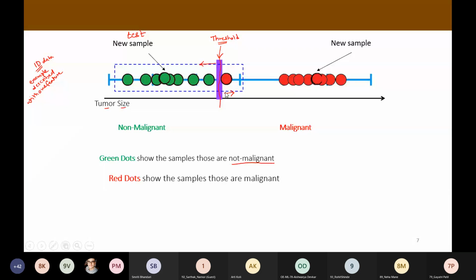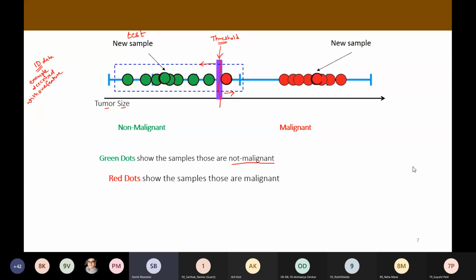See what I am saying. If I look closely at these samples, then what I feel is, my system has predicted this sample as malignant, but this sample is more closer to my non-malignant class samples. Do you agree with me? Yes, ma'am.